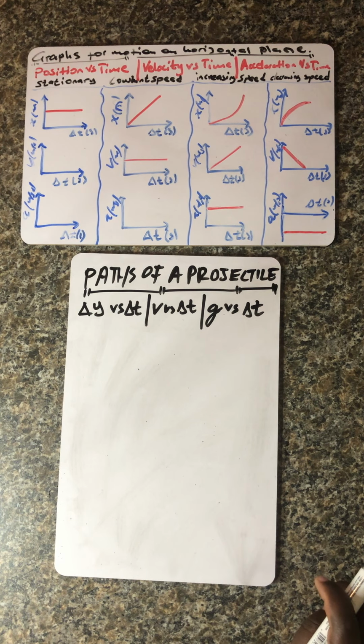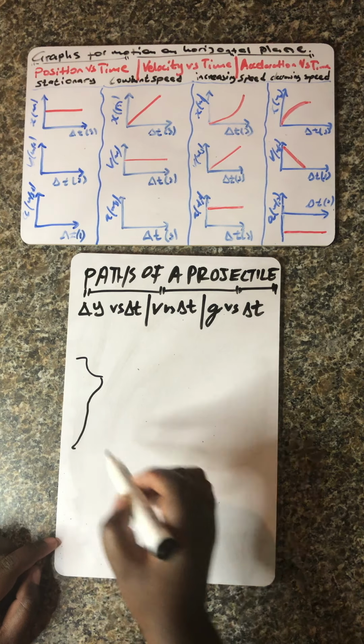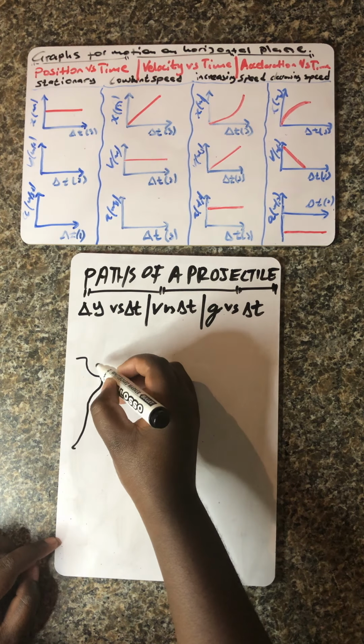Guys, let's start with the first one, and from there we'll come up with all other related scenarios. The first one, ladies and gentlemen, is an object dropped from a height. Listen to this very carefully. Someone might be standing on the edge of a cliff or a building.